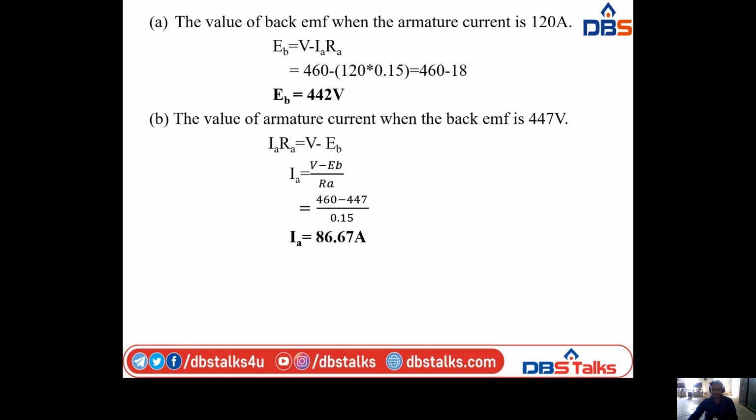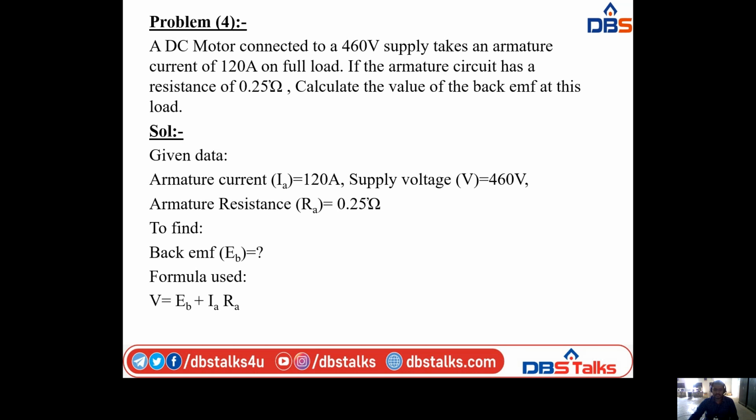Next, coming to the fourth one. A DC motor connected to a 460 volt supply takes an armature current of 120 amperes on full load. If the armature circuit has a resistance of 0.25 ohms, calculate the value of back EMF at this load.